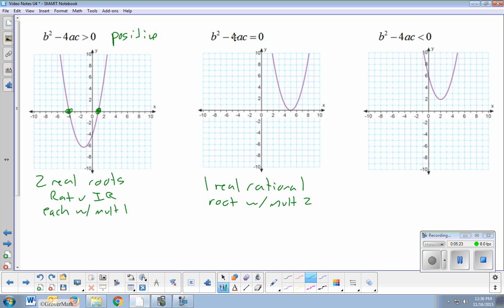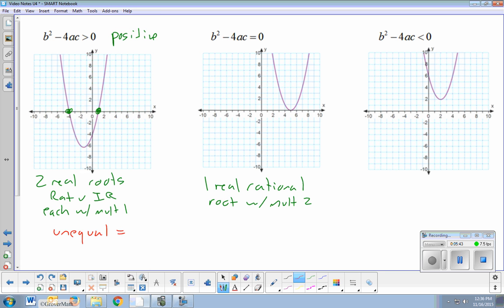So if the discriminant, if the b squared minus 4ac, the part that's under the square root, comes out to be 0, we will end up with one real rational root with multiplicity 2. And sometimes what we say here in these two cases is we say that the roots are unequal.